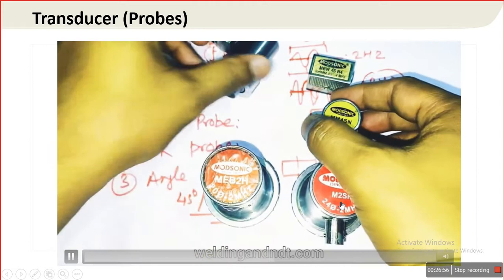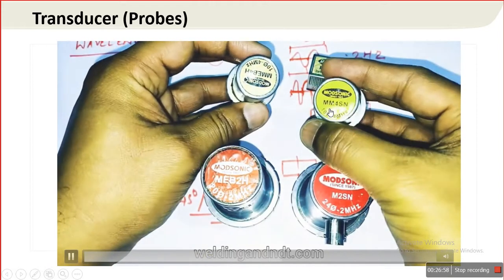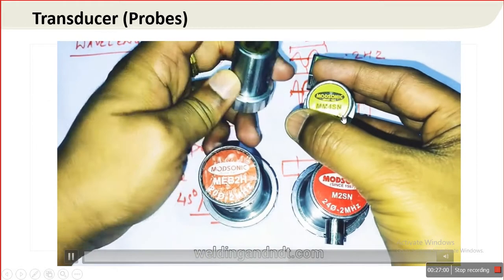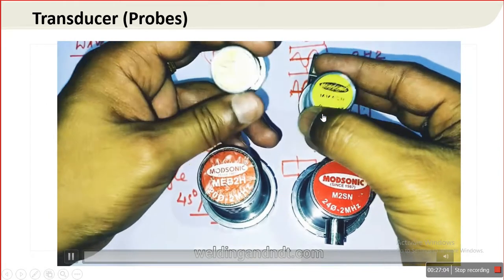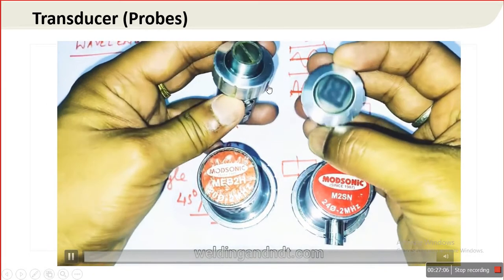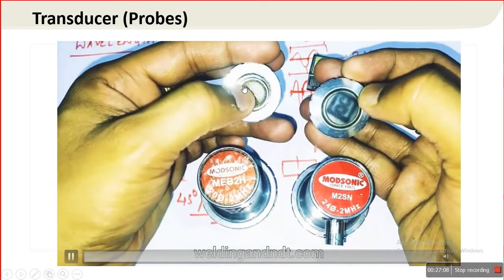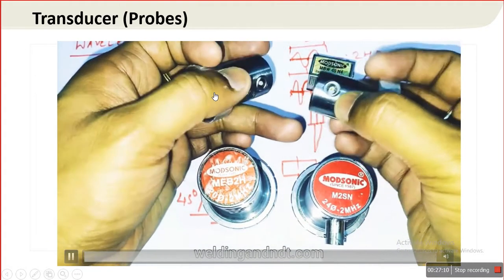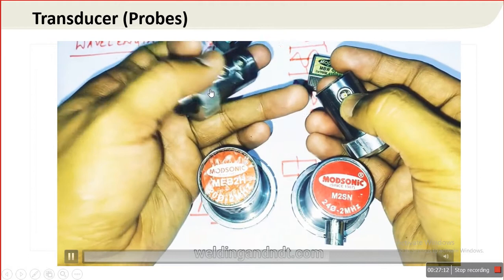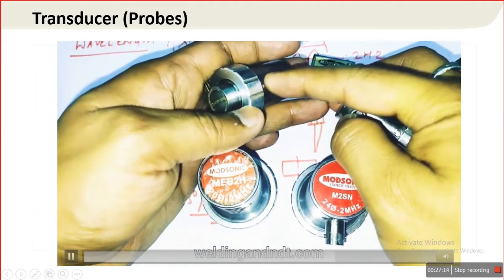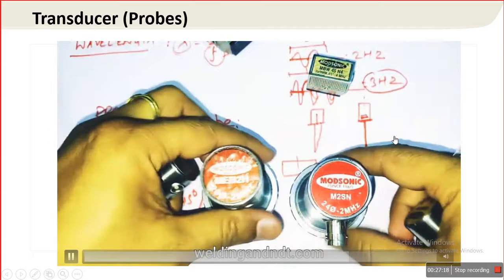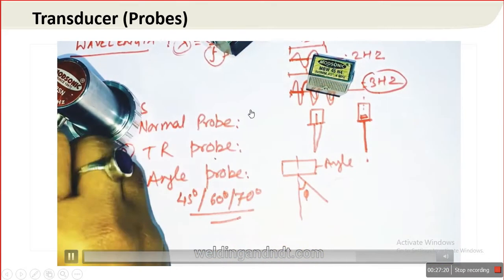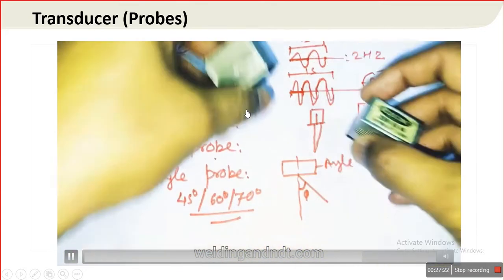So this is 2 megahertz and this is 4 megahertz. This is the same transducer. One is a normal probe and another is a TR probe, which has two crystals, and the normal probe has one crystal. So the normal probe requires a single wire while the TR probe requires two connectors.